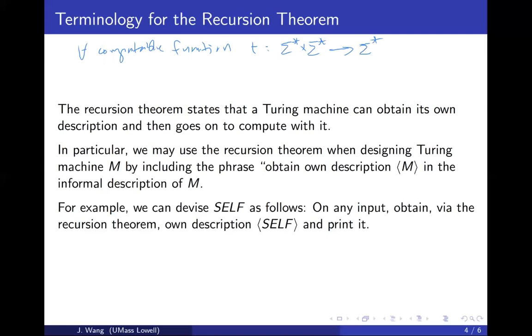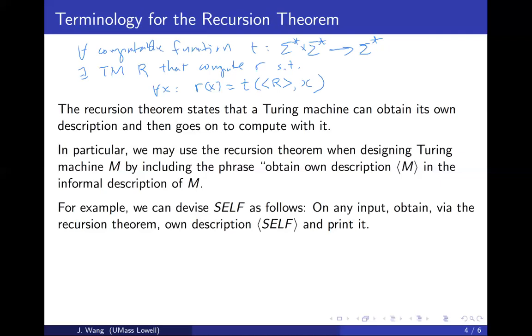we have a Turing machine R that computes a function small r such that for all x, r of x is simply equal to T of the description of this Turing machine capital R, comma x, as input.